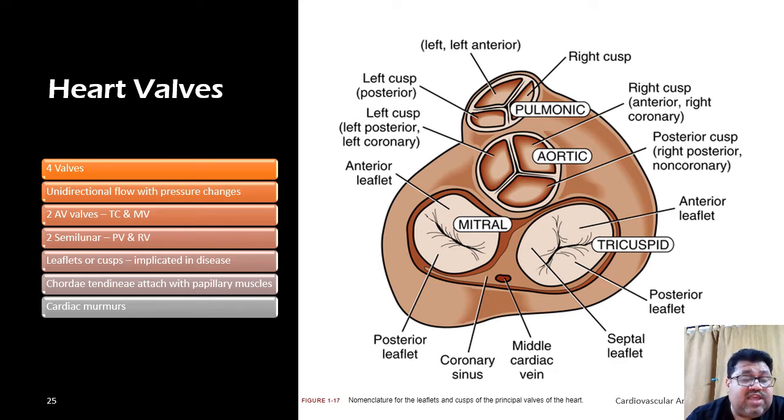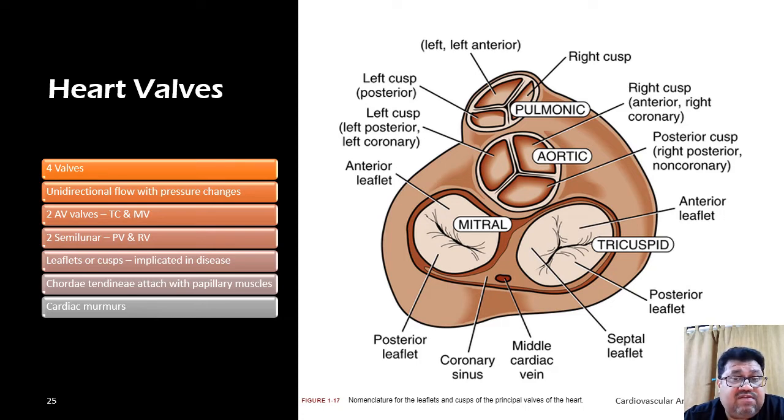The semilunar valves lie between the ventricles and the arteries through which it sends the blood out. So between the ventricle and their outflow tract. They are named based on their corresponding blood vessel into which it sends the blood out.